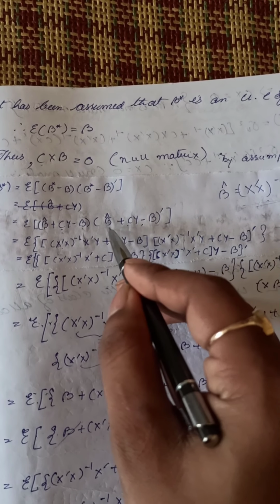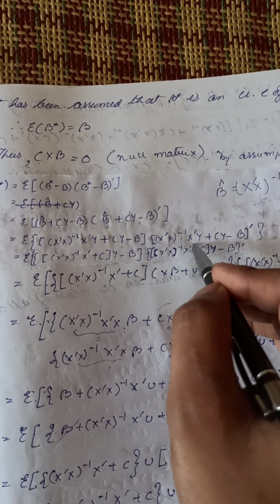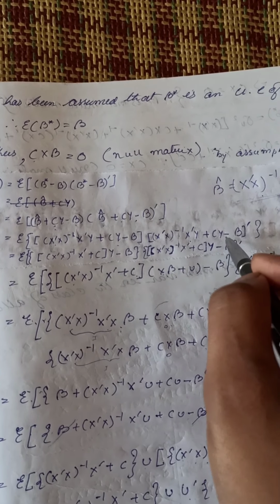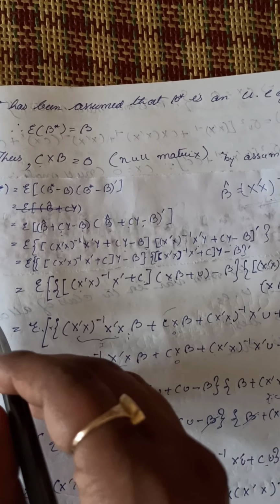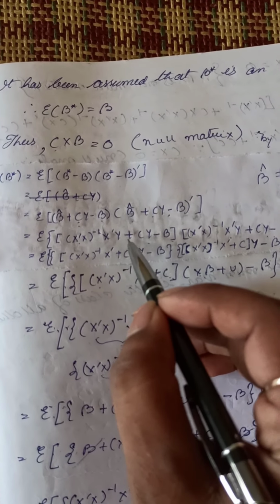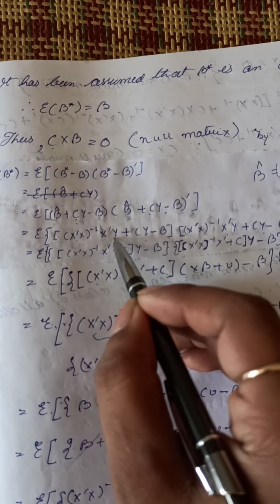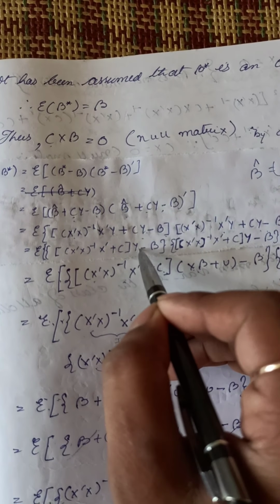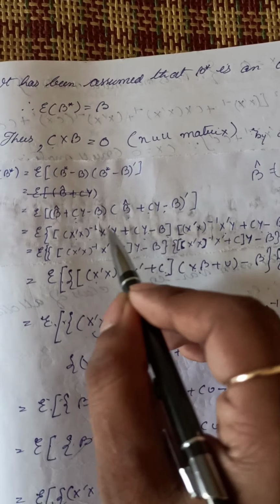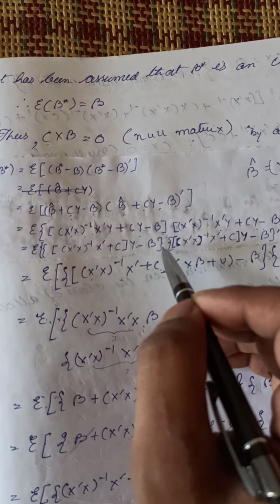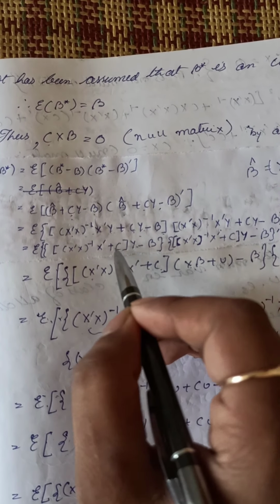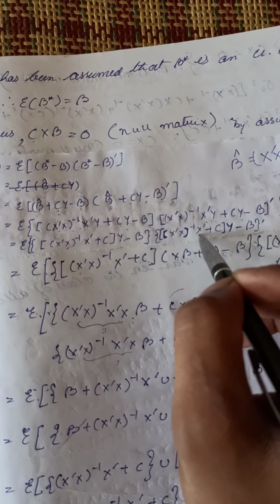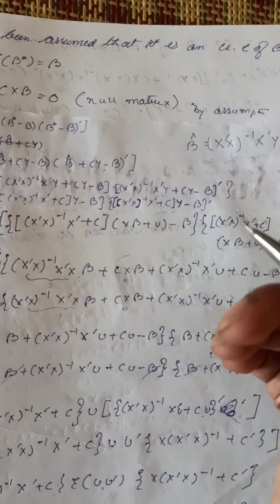Again we have substituted the value of beta cap over here, and the rest kept as it is. Then we can see that we can take y common. So we have taken y common from these two terms, keeping aside this beta term, and this is what we have ended up with.